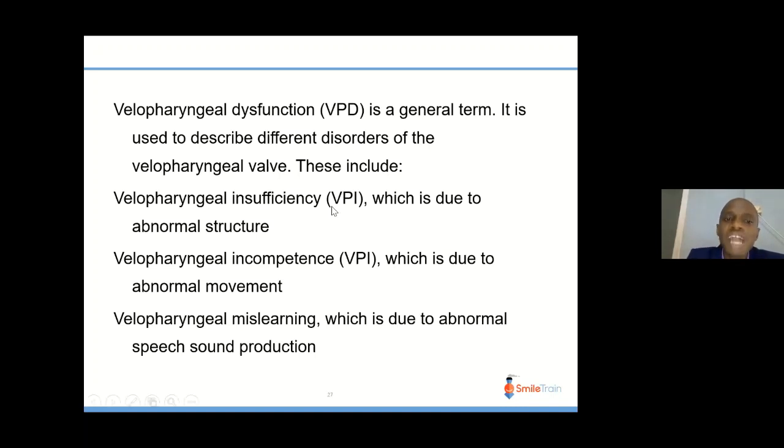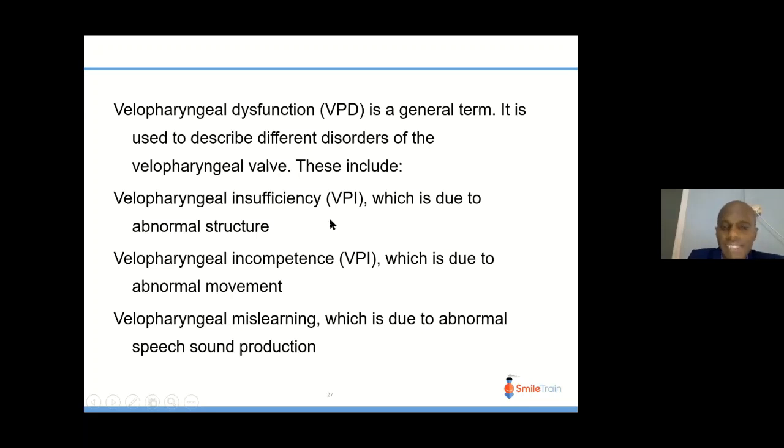Velopharyngeal insufficiency is due to a muscular defect in the velopharyngeal mechanism. It can be like in cleft palate patients, or even after repair, when the muscles are not properly aligned together or not functionally repaired together, there can be velopharyngeal insufficiency.